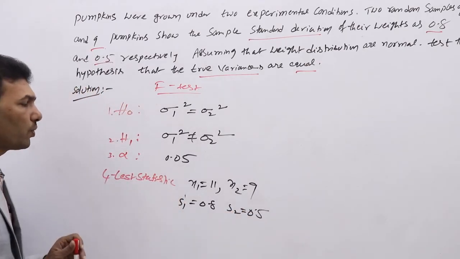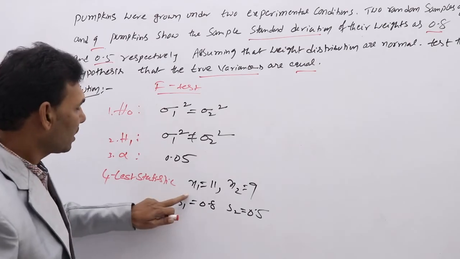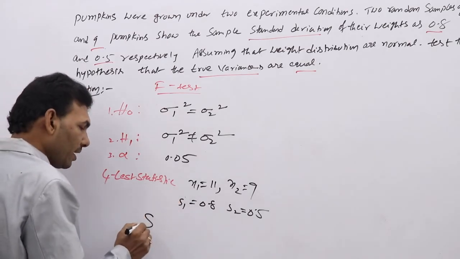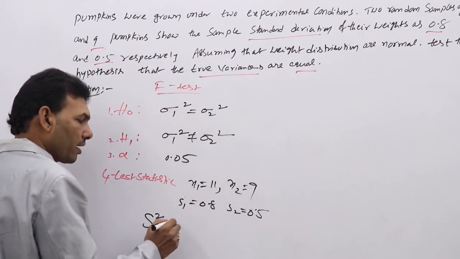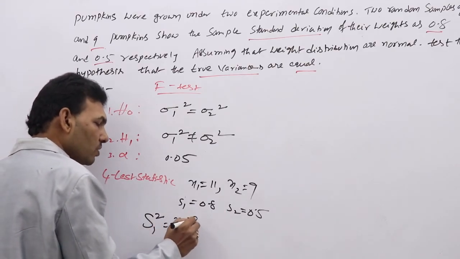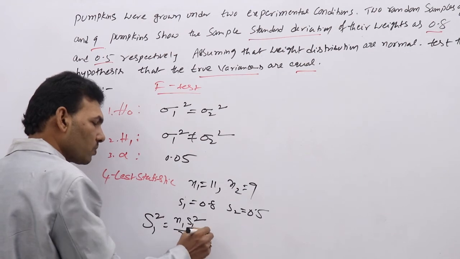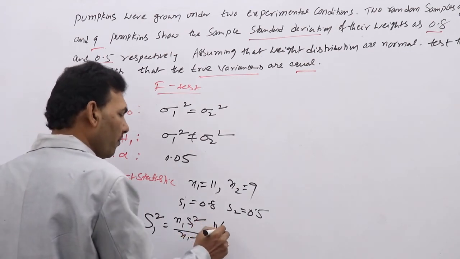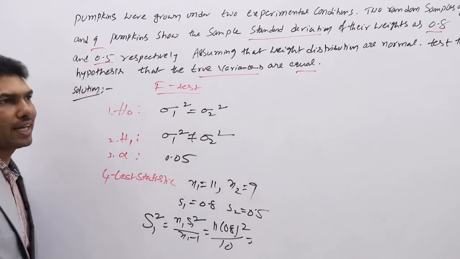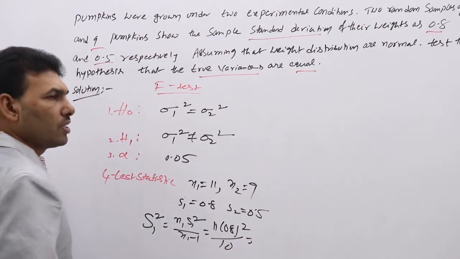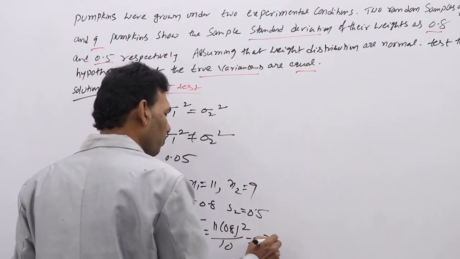Whenever N1, N2, S1, S2 are given like this, then to find small s1 square, we use N1 S1 square by N1 minus 1. N1 we know is 11, into 0.8 whole square by 10. This value we calculate using this formula: 0.704.